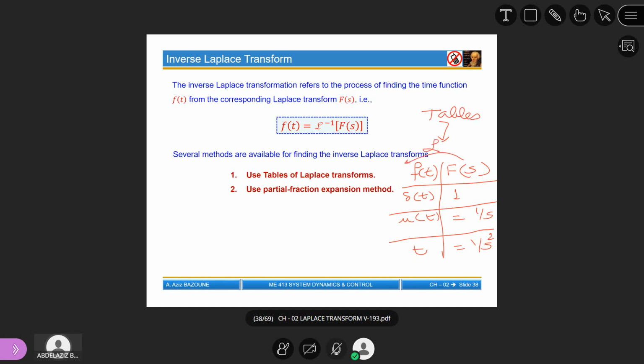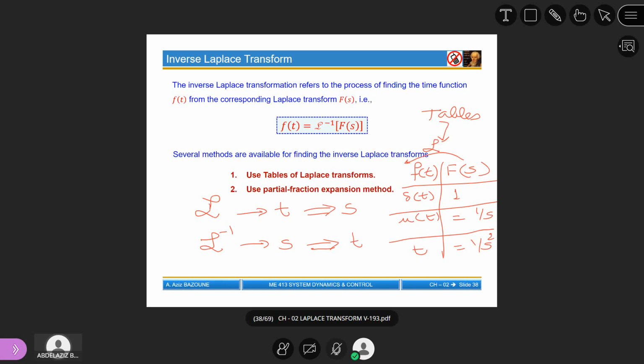Here, the Laplace transform goes from the time domain to the s domain. The inverse Laplace transform goes from the s domain back to the time domain.